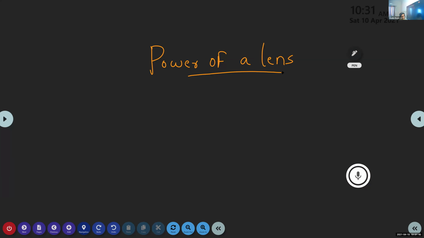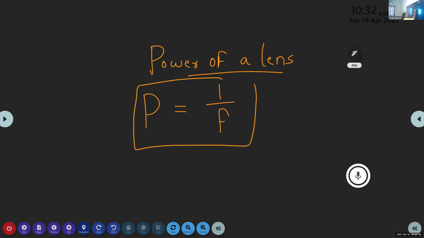Power of a lens is represented by the letter P. And the power of a lens is defined as the reciprocal of the focal length. So this is the equation for calculating the power of a lens.